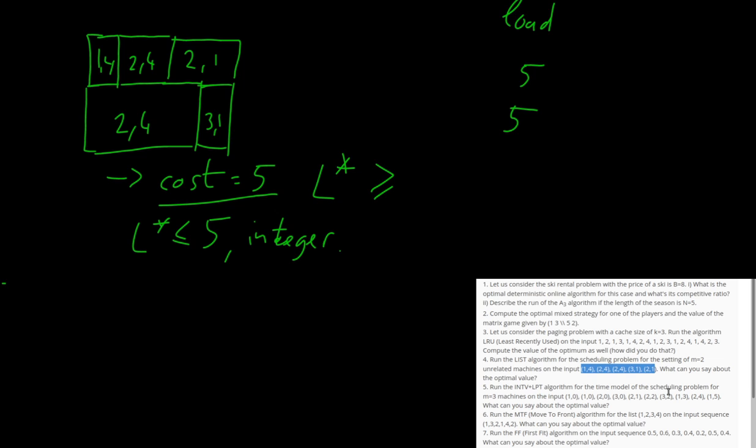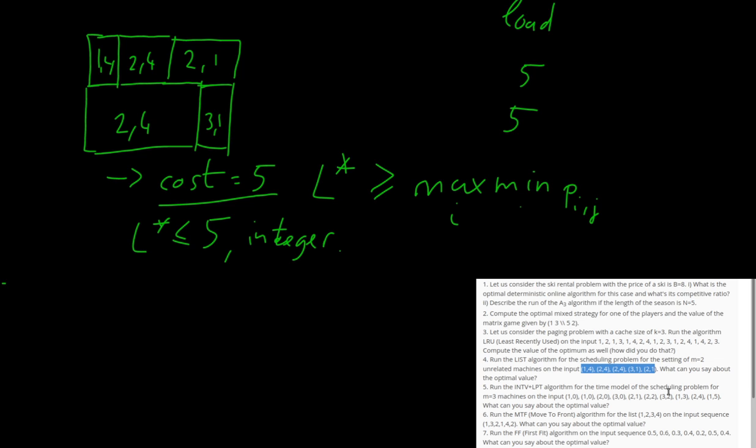And of course we have that R star, the optimum value, is always at least as large as the maximum of the minimum of those Pij's.